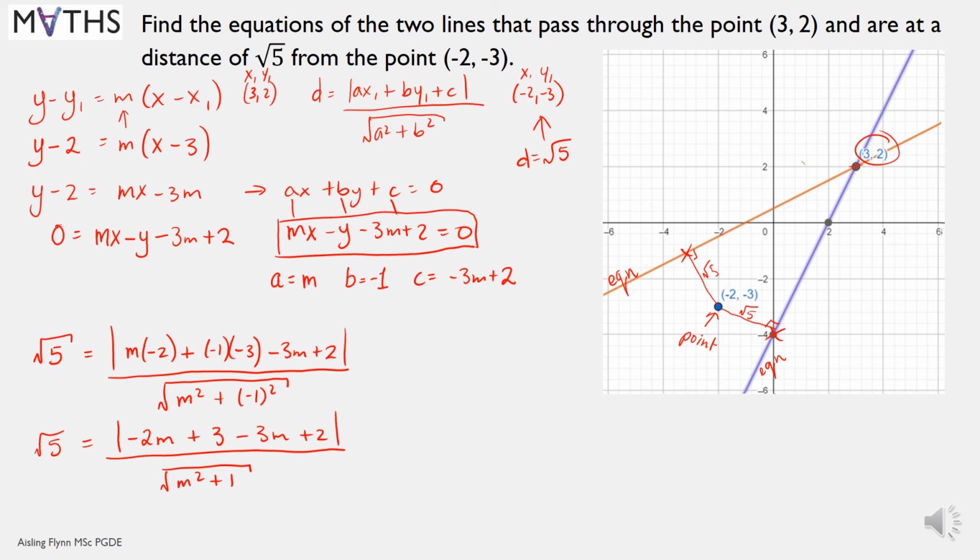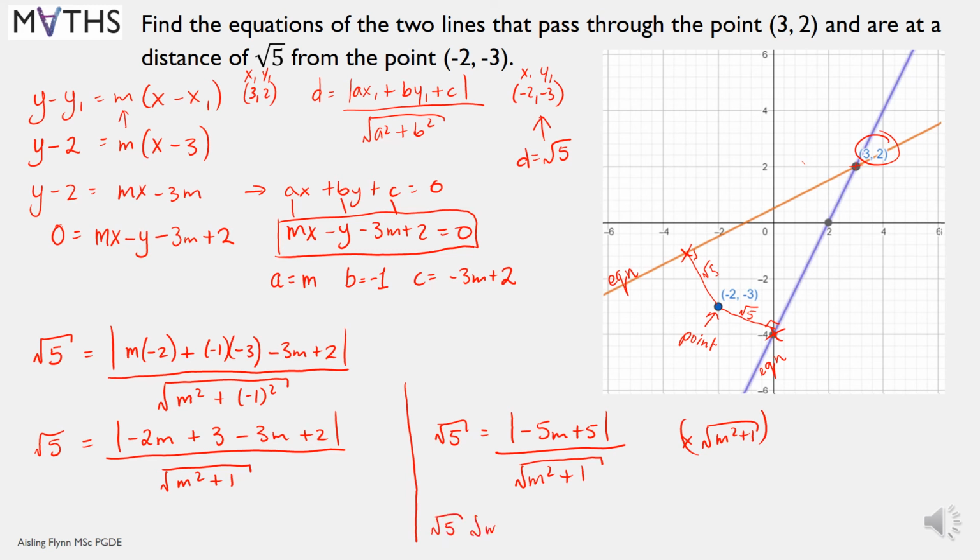I'm going to simplify what's within the modulus bars, and I get minus 5m plus 5 over square root of m squared plus 1, and I'm going to multiply now at this stage by the square root of m squared plus 1 on both sides. Okay, so I get on the left root 5 root m squared plus 1 equal to, and it disappears on the right because anything divided by itself is 1.